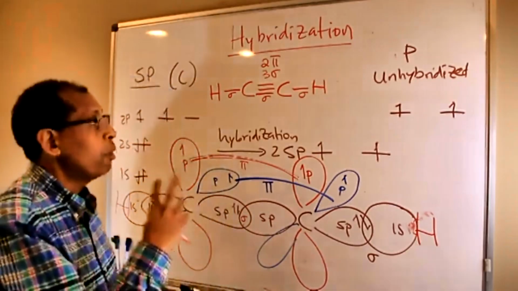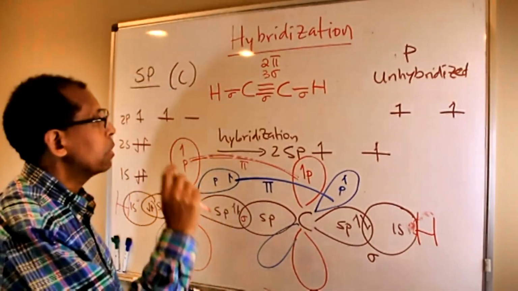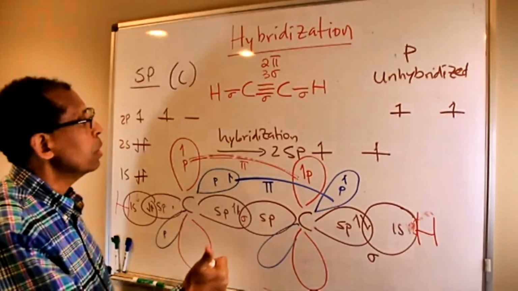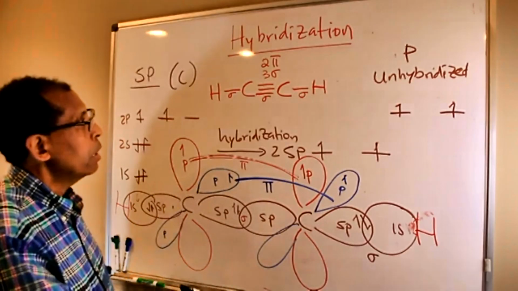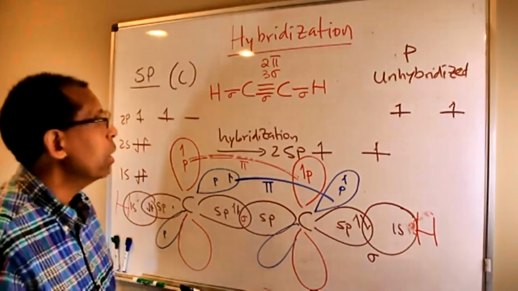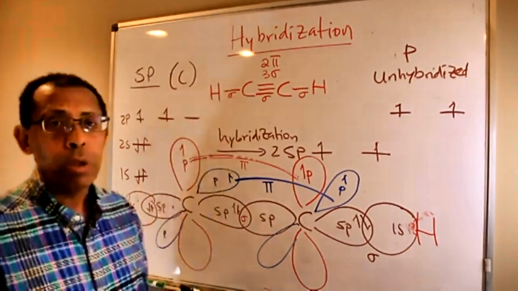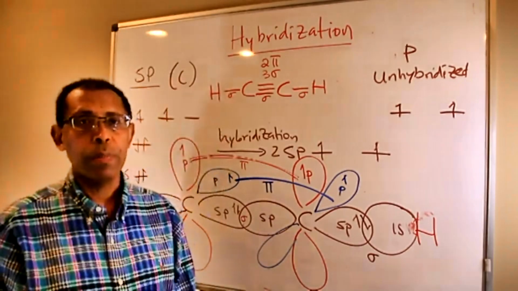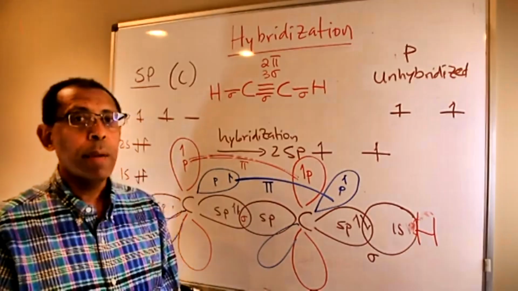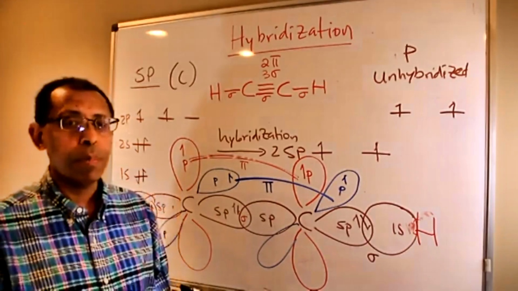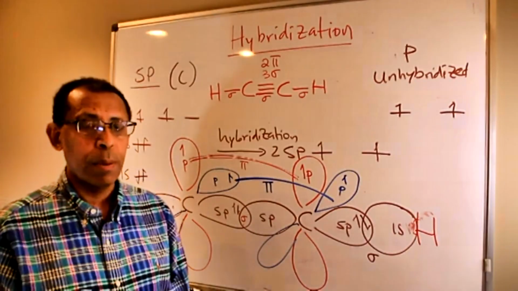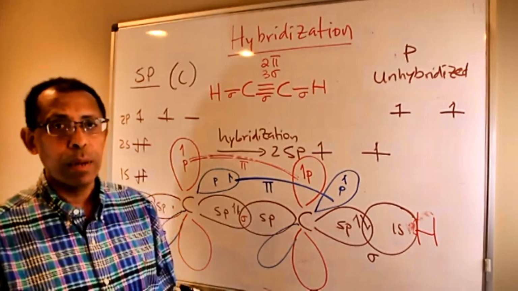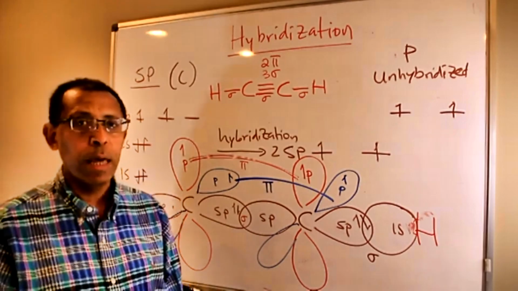Now, so far we have studied a single bond, a double bond, and a triple bond, and they are made through hybrid orbitals. Next, we see the properties of the triple bond, the double bond, and also the single bond in terms of bond length and bond angle.